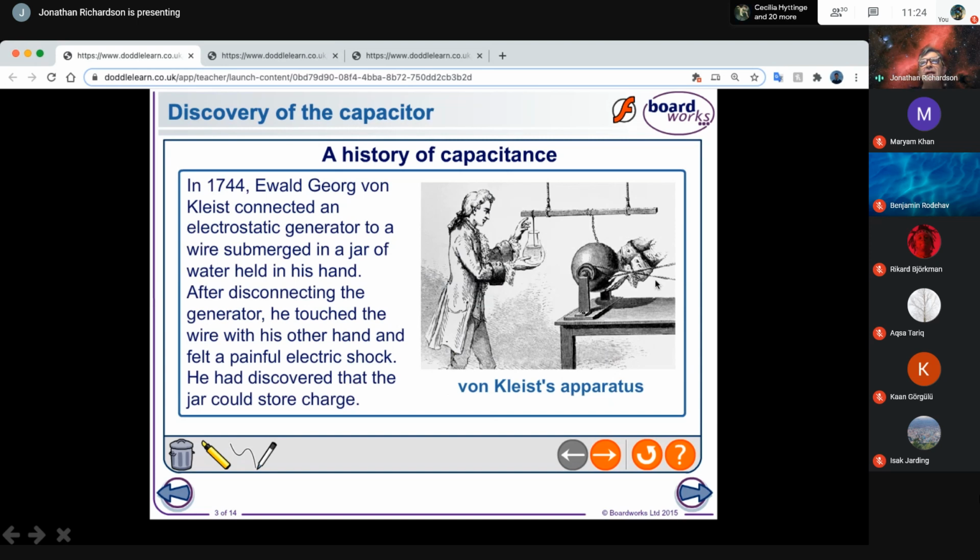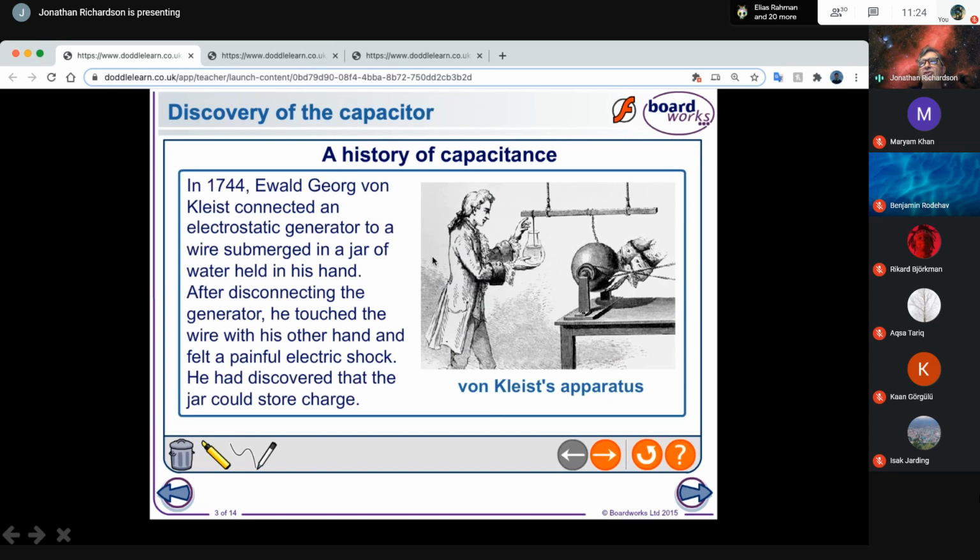And what Georg, or Ewald Georg, found was that if he placed a wire into a jar containing a liquid, it was possible to transfer this charge.